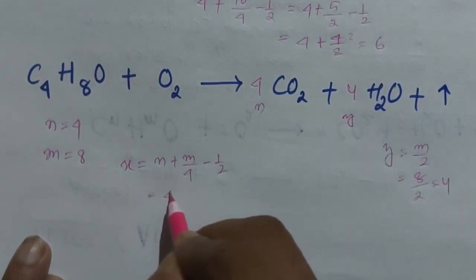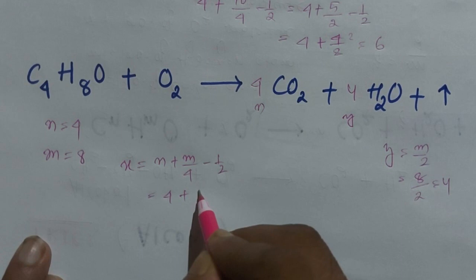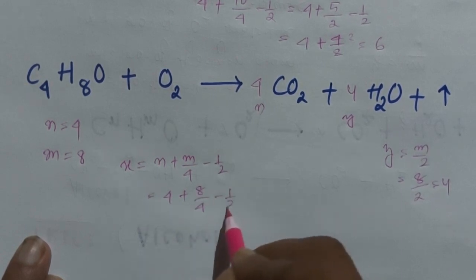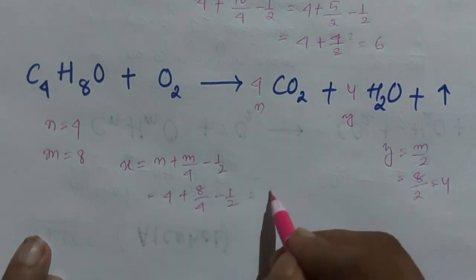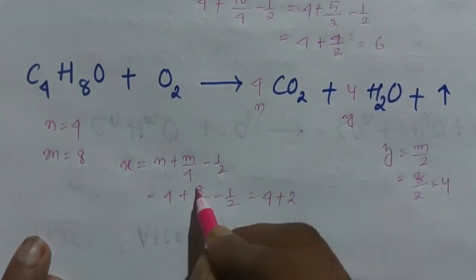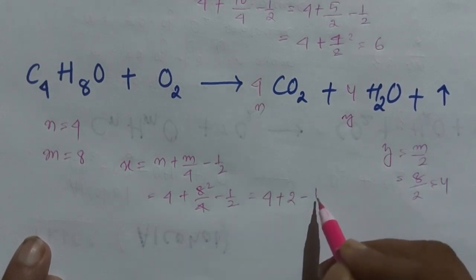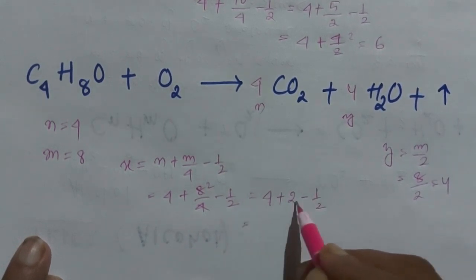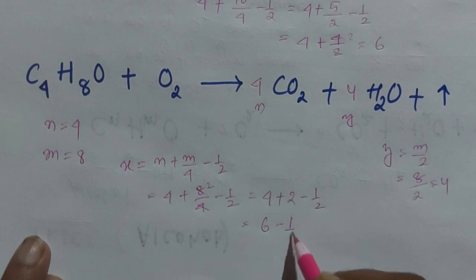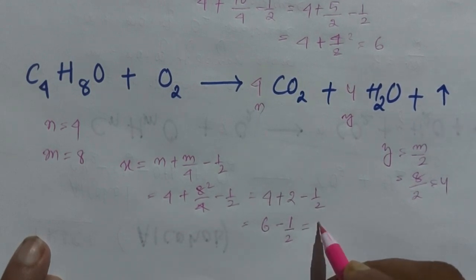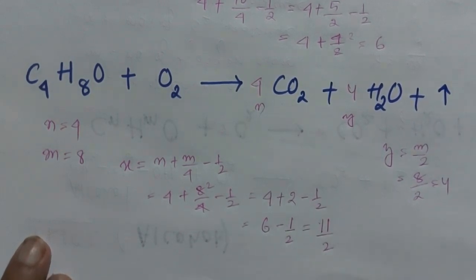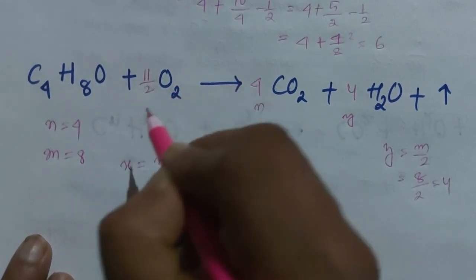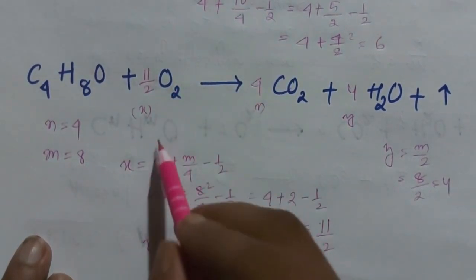Here n is 4 plus m is 8 by 4 minus 1 by 2, that is equal to 4 plus 2 minus 1 by 2, that is 6 minus 1 by 2, that is equal to 11 by 2. So the value of x is equal to 11 by 2. So we will multiply 11 by 2 here. So this is the value of x.